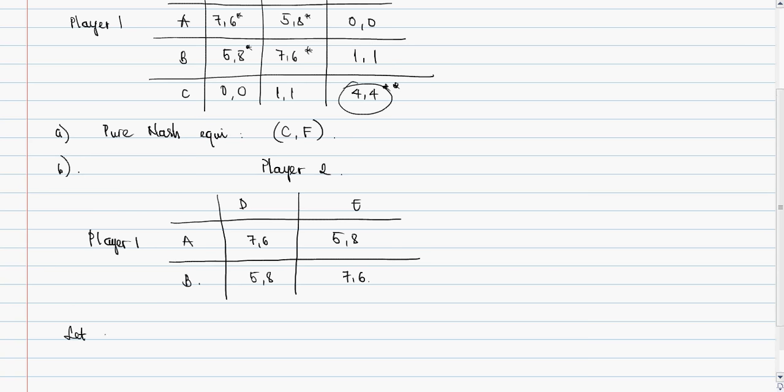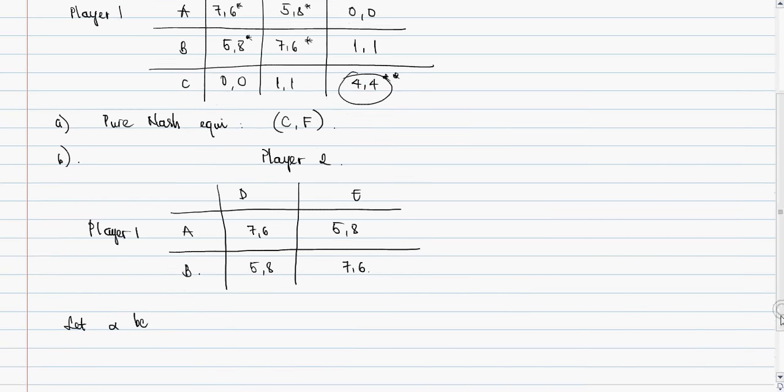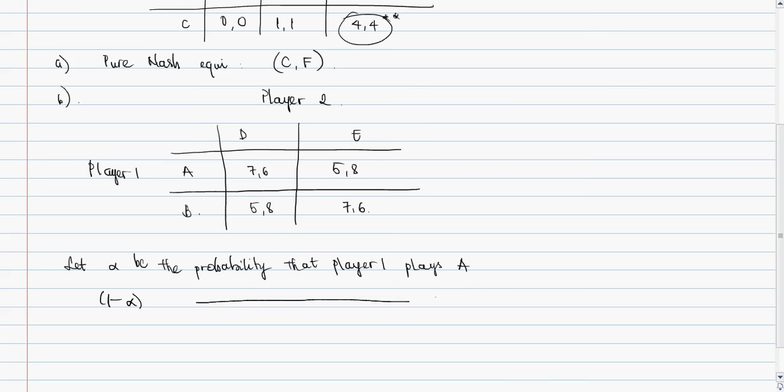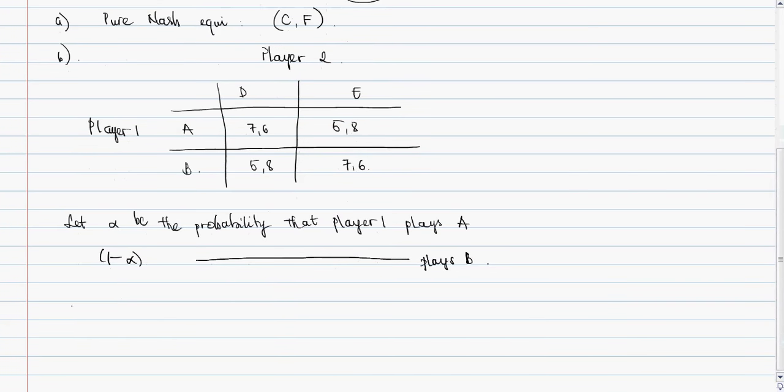Okay, so we say let alpha be the probability that player 1 plays A. So basically 1 minus alpha will be the probability that player 1 plays B. Yep, so those add up to 100%, they have to add up to 1.